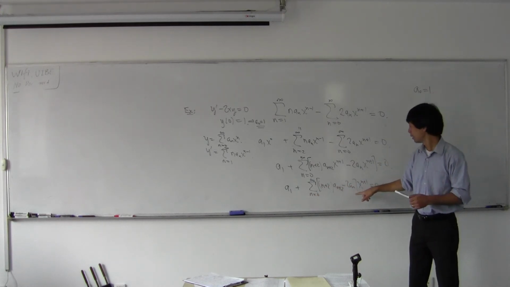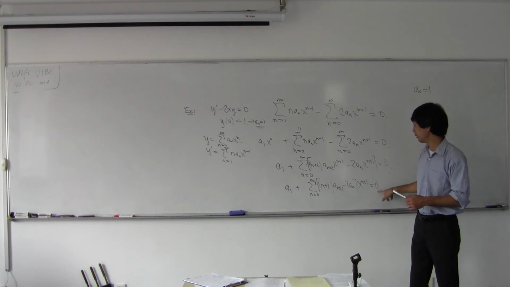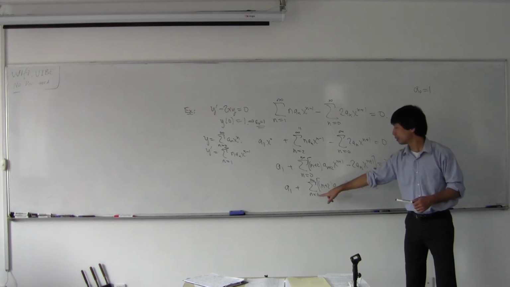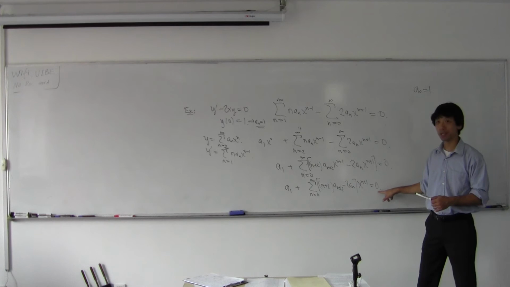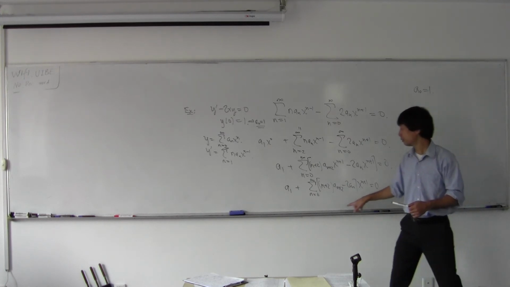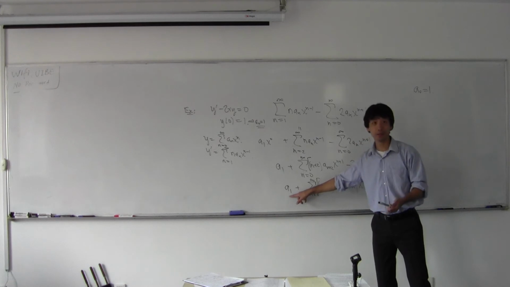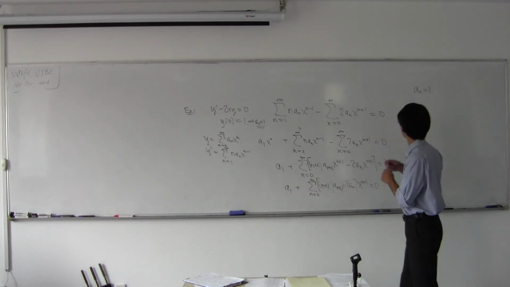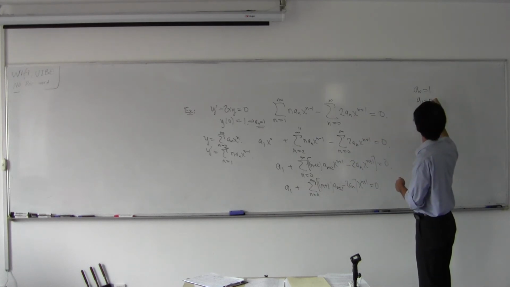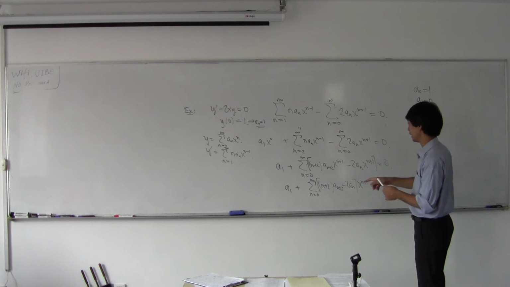What's the constant coefficient here? All the coefficients are 0, so what does it tell me? a1 is 0.